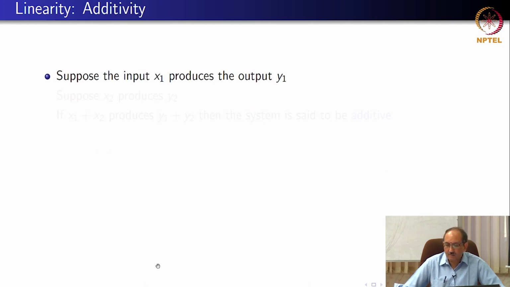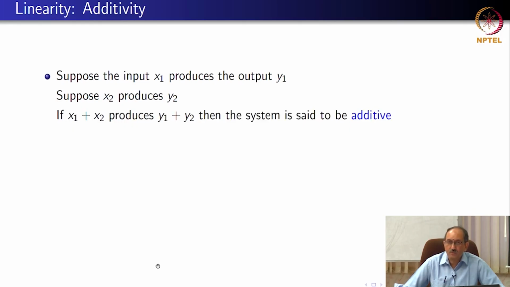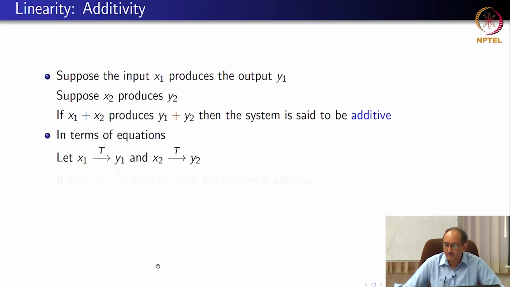Additivity is very simple. If x1 produces y1, x2 produces y2, you require x1 plus x2 to produce y1 plus y2, which means the system is additive. In terms of equations, this is the notation that is used: x1 plus x2 produces y1 plus y2, the system is additive.